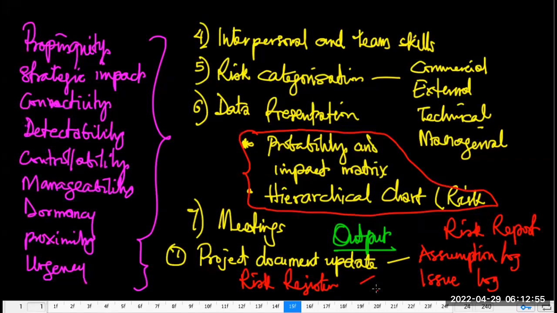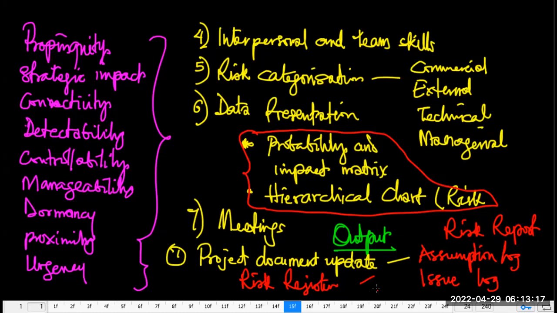Yes, please. The output you've just written, is it under step 3, perform qualitative risk analysis? Oh, okay. So all of this would be an update.